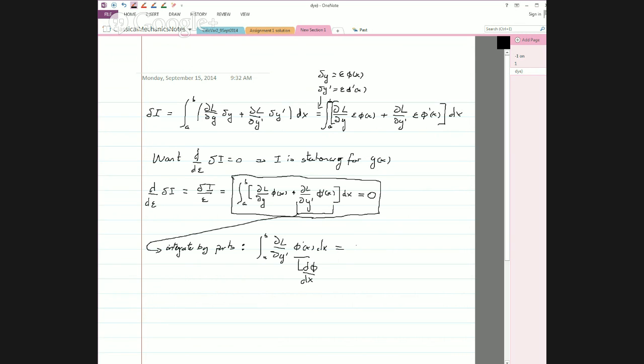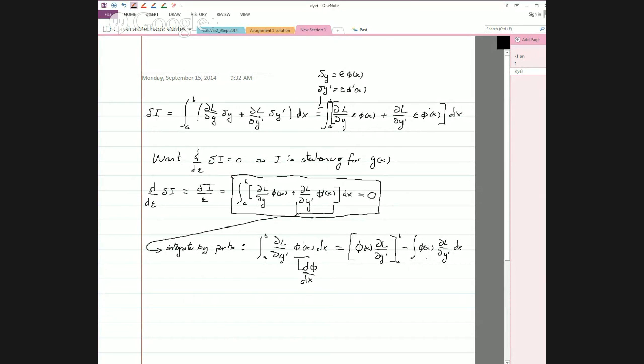So if we integrate it by parts, the first term that we get is phi of x times dI by dy prime, right? And that's going to be evaluated between a and b. And then it's minus the integral of phi of x times d by dx of dI by dy prime dx, right?